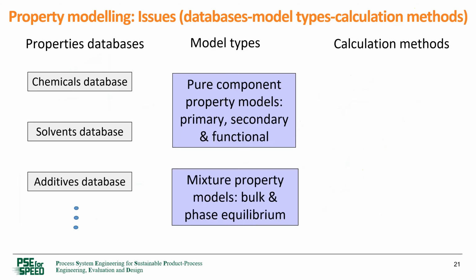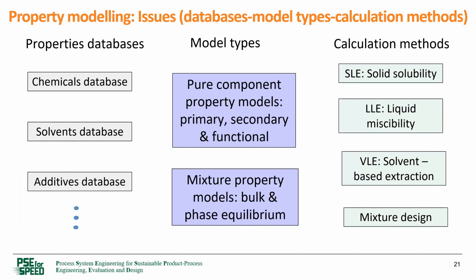And then we need model types. As I said, we have models for pure compound properties: primary property, secondary property, functional property, and for mixture properties, bulk and phase equilibrium. Having the model is not enough, because if we want to do phase equilibrium, these models have to be put in a calculation sequence.